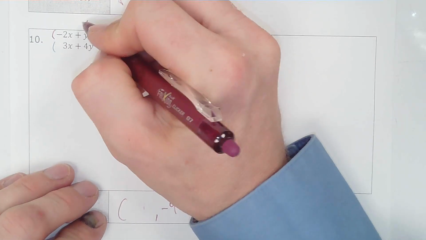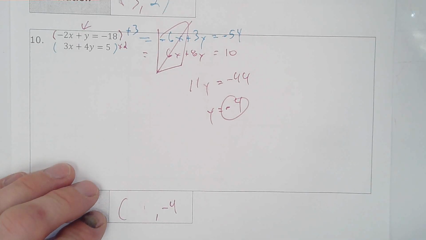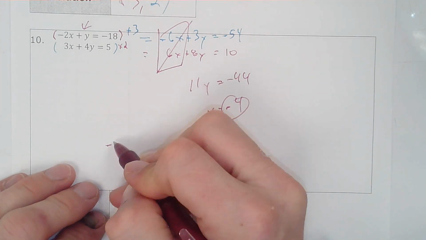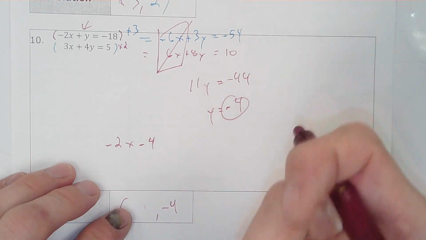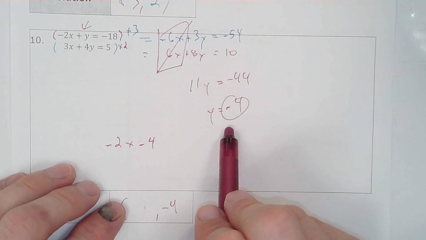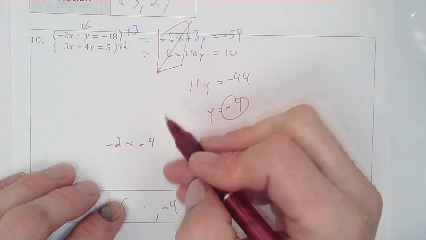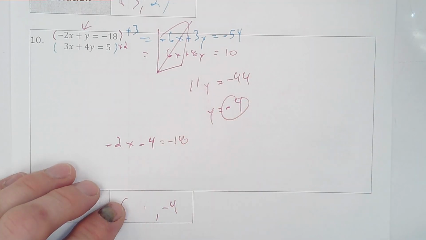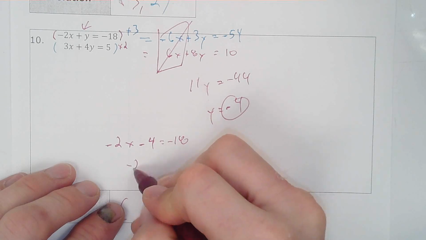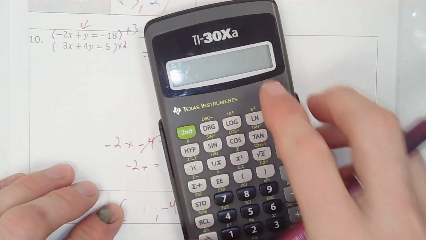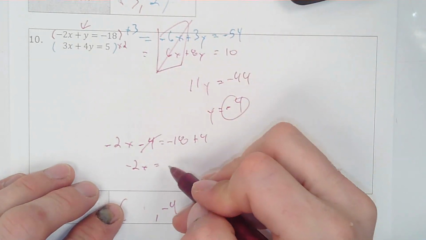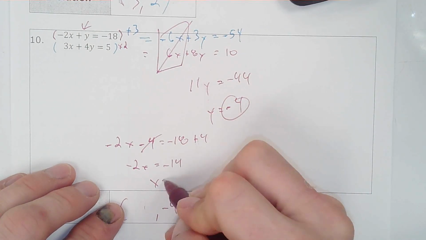I'm going to pick this one because I don't have to multiply y by anything. Negative 2x minus y, right? That's y is negative 4, so plus 4 equals negative 18. I've got to solve for x. Negative 2x equals negative 18 minus 4, which is negative 14. x equals 7.